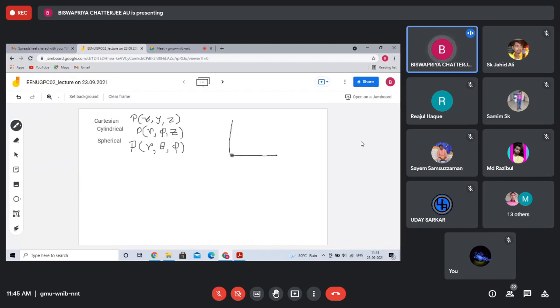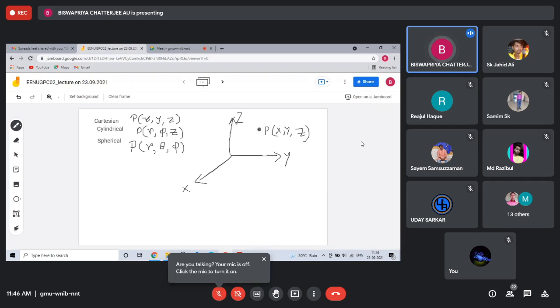Diagrammatically, Cartesian is XYZ. It is simple: the vertical distance, the horizontal distance. The classic example of a Cartesian system is a wall or a room, where you have three pairs of planes.